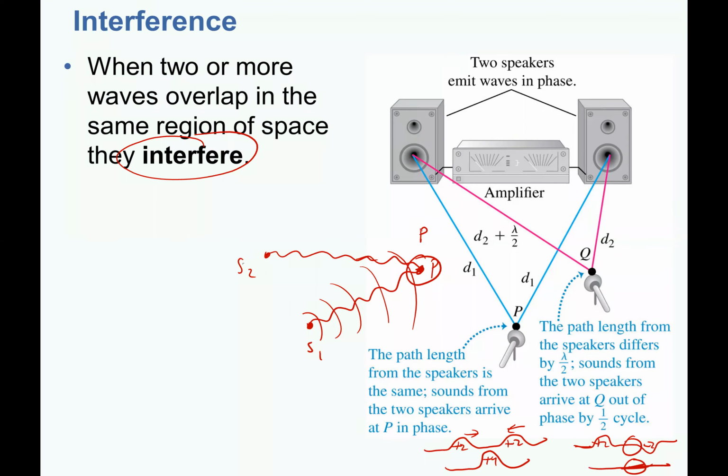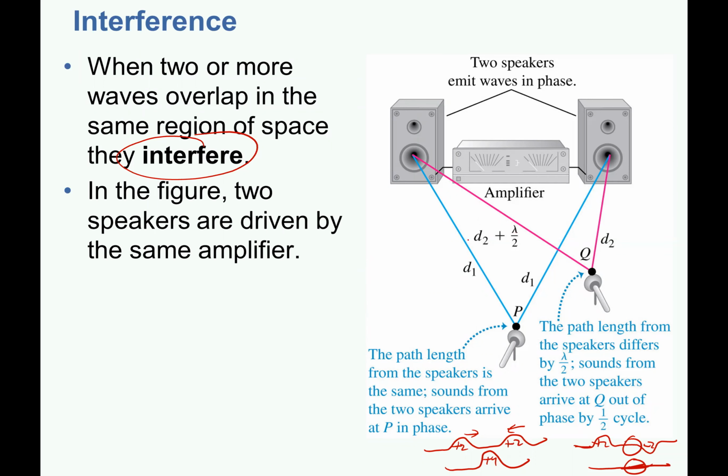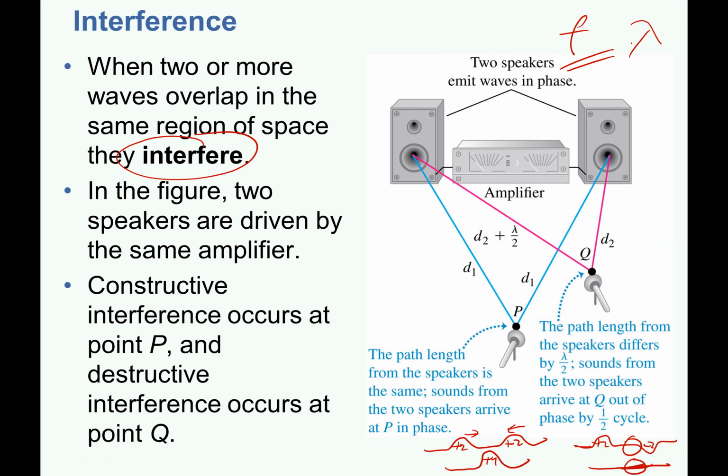Now, we are basically looking at something like this. You have two speakers driven by the same amplifier. That means we assume they have the same frequency and same wavelength. So let's call this point P. You have this wave coming at point P, and the other wave is also coming at point P. Under which condition will they amplify, and under which condition will they cancel?